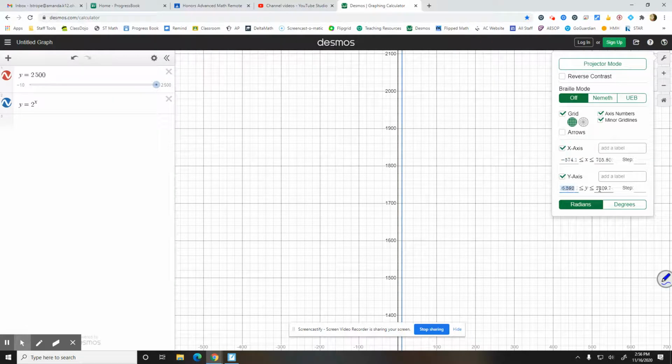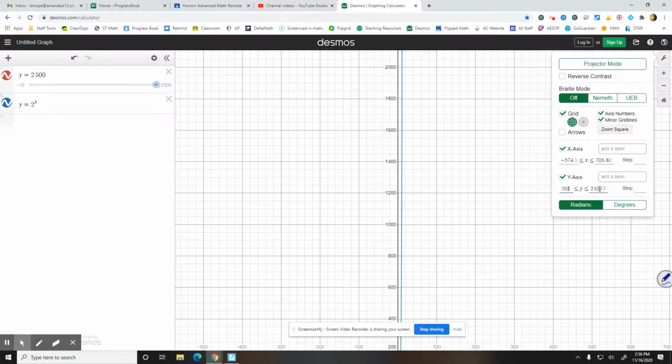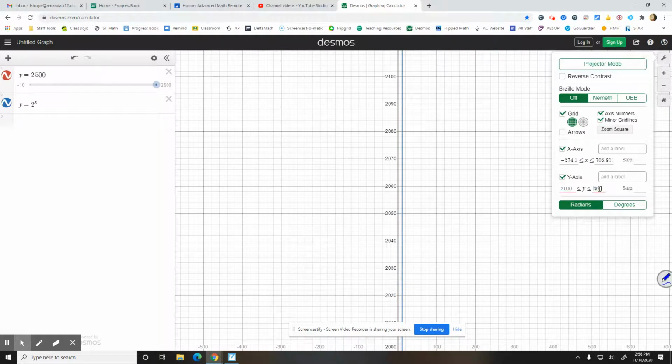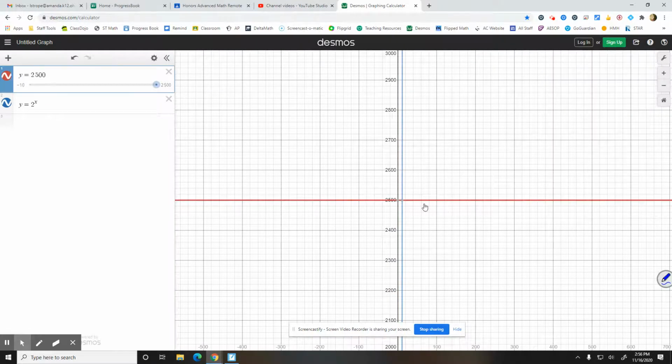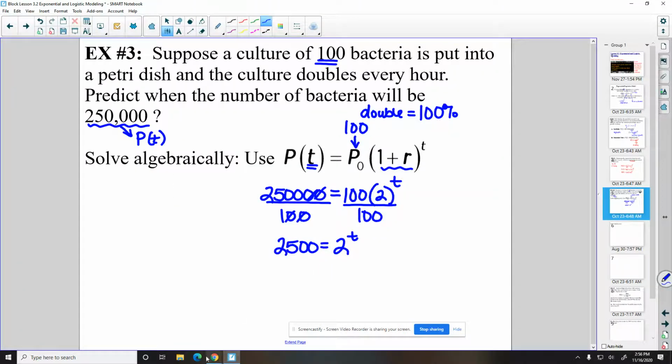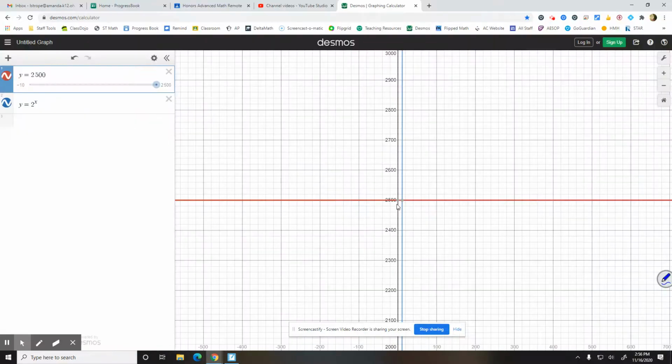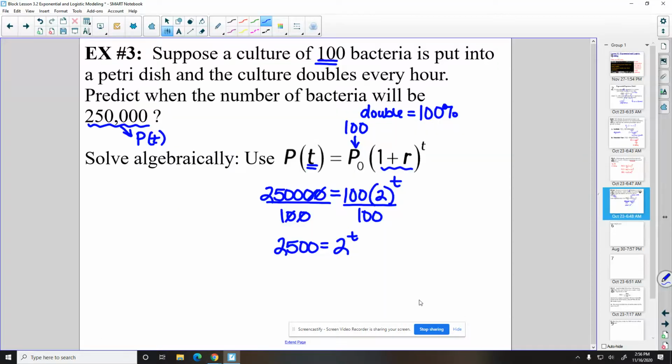So I need my smallest y value to be like 2,000 and maybe up to 3,000 so I can see this 2,500 line. But do you see how our blue line is the exponential and the red is the 2,500? Well, if I want to solve this equation here, all I need to do is see where those two things cross. Okay? So they're crossing at 11.288 and 2,500. So let me write that down real quick.